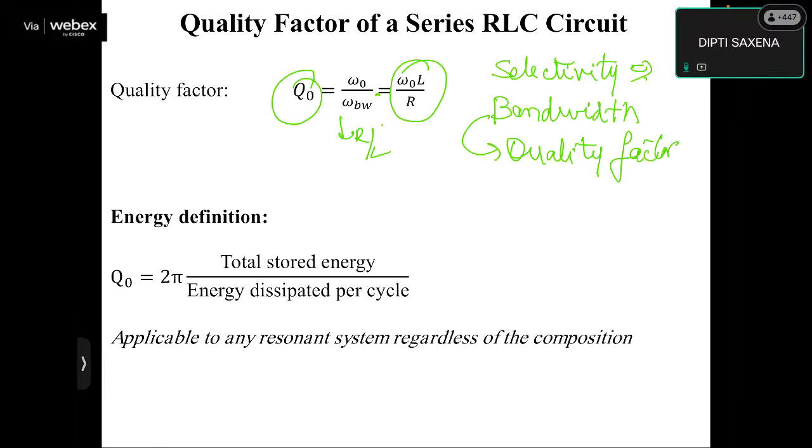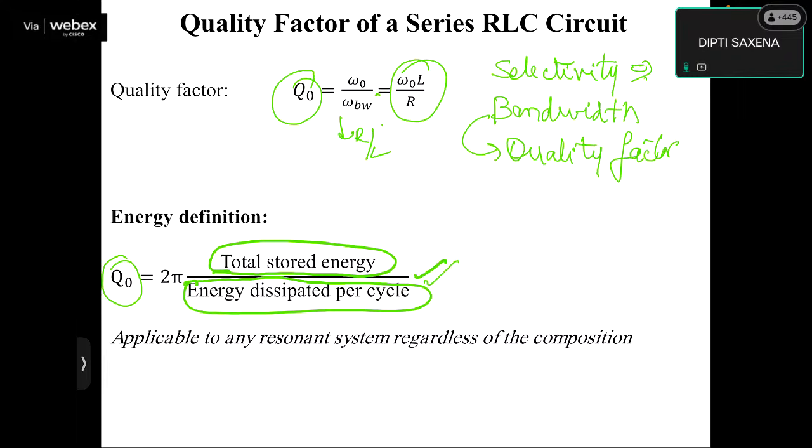In terms of energy, the quality factor is defined as the total energy stored, which is half Li square plus half Cv square, upon the energy dissipated per cycle. The energy will be dissipated in the resistance.